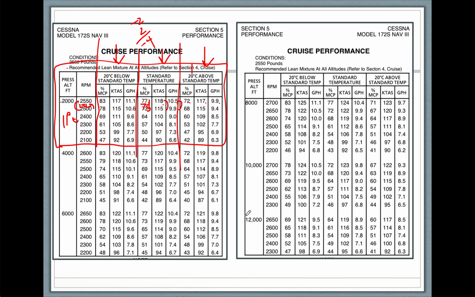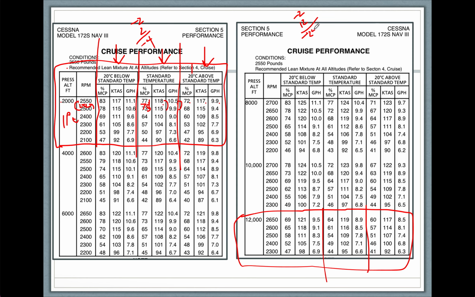Let's contrast that with the other end. What if I'm up at 12,000 feet? Okay, so I've got three columns, right? I've got below standard, standard, and above standard. The temperature at 12,000 feet is supposed to be pretty darn cold. So 2 degrees times 12 equals minus 24.